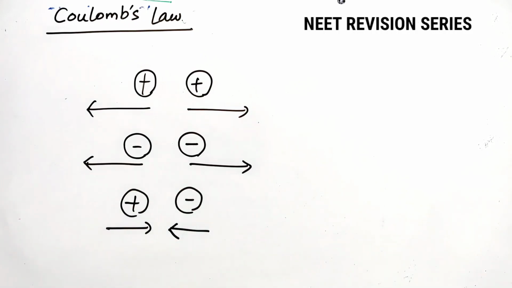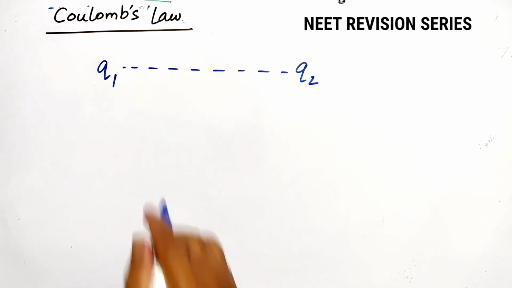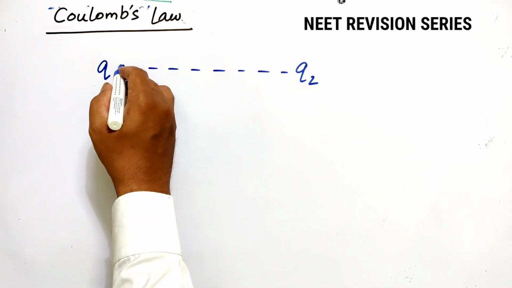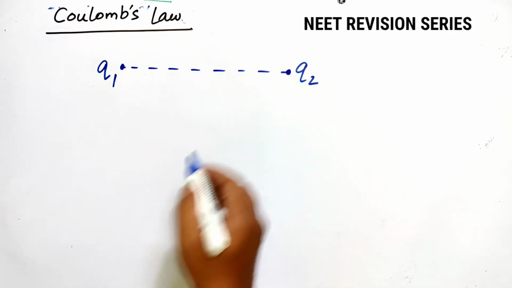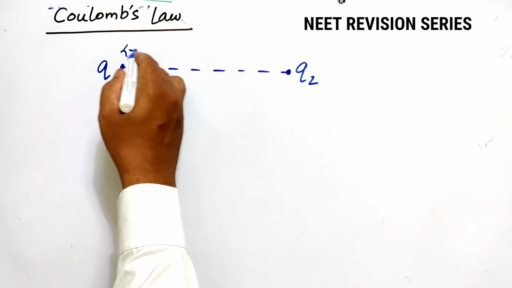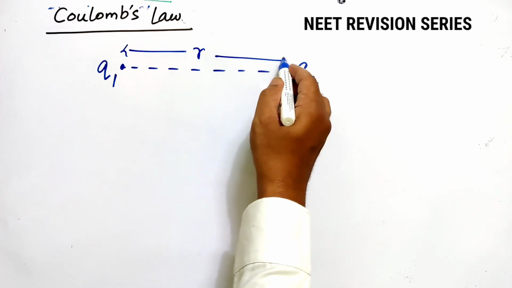Now we are going to discuss Coulomb's law. In Coulomb's law we find out how much force of attraction or repulsion there is between two charges. We consider two charges Q1 and Q2, separated by a certain distance r.